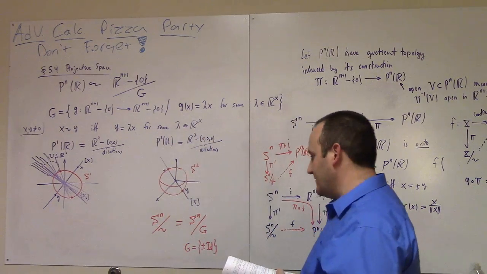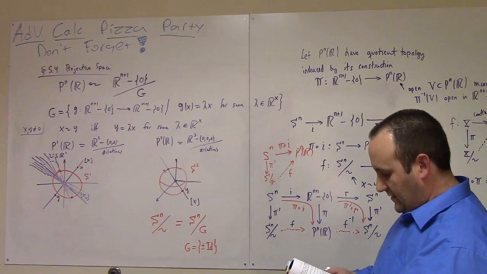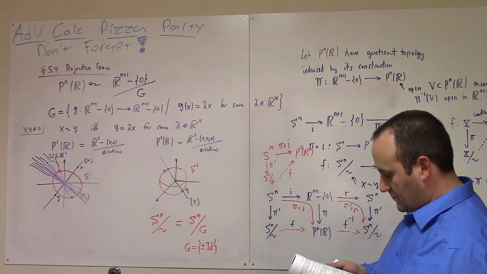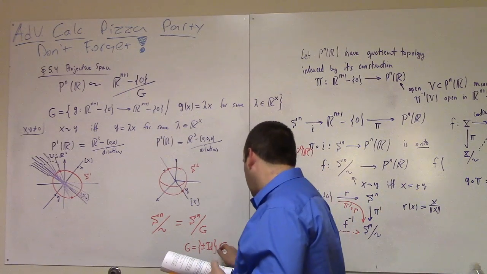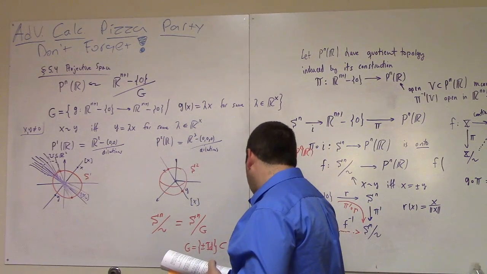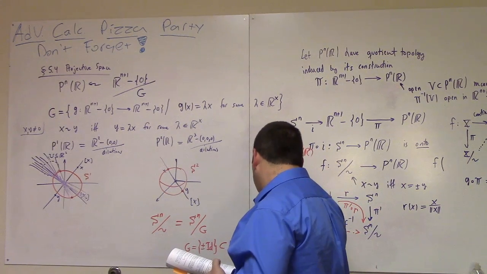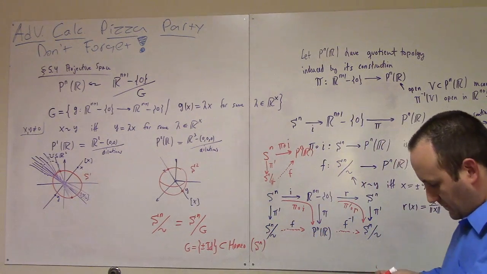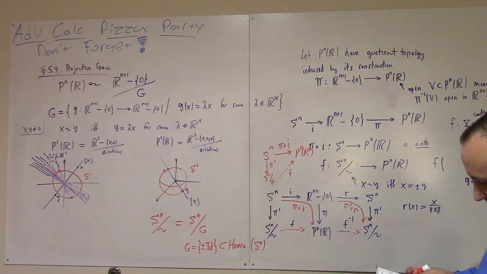So that's pretty cool. And as he points out, this is a subgroup of the homeomorphisms on Sn. So what's the takeaway from this?